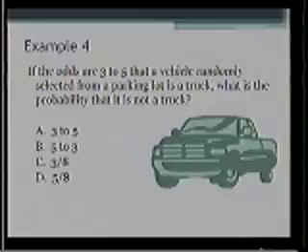Well, from the odds ratio given to us, first of all, we see that the favorable for trucks is 3 and non-trucks would be 5. Therefore, the probability of not being a truck would be 5 over the total number of vehicles. We need to add the 3 and the 5 together, giving us 8. So therefore, the probability of not selecting a truck would be 5 to 8.